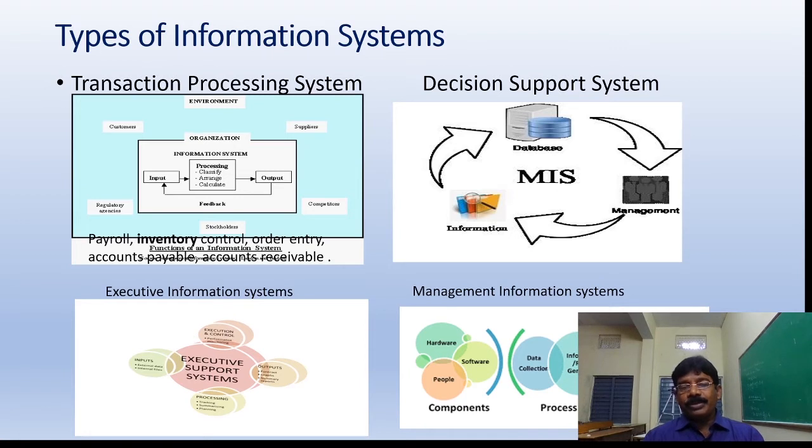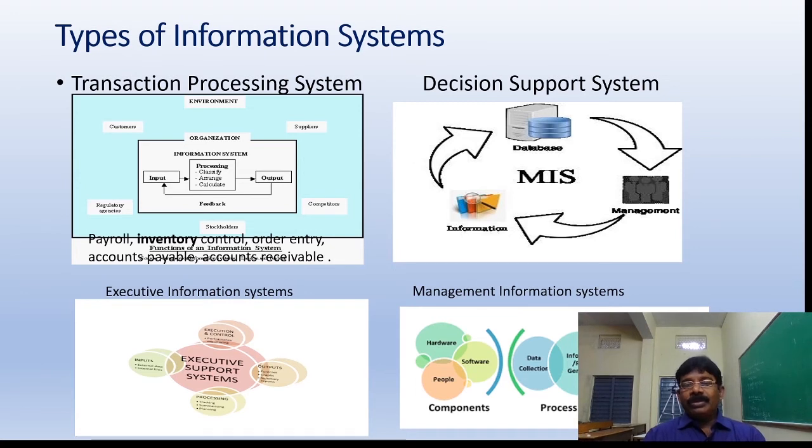Imagine how it is processing. According to your PIN code number, your location will be identified, and from the location, the nearest store will be linked. In that nearest store, it checks whether the particular item is available or not. If the item is matched, then how much time it takes from the store to the PIN code address, it immediately displays. That is nothing but a transaction processing system.